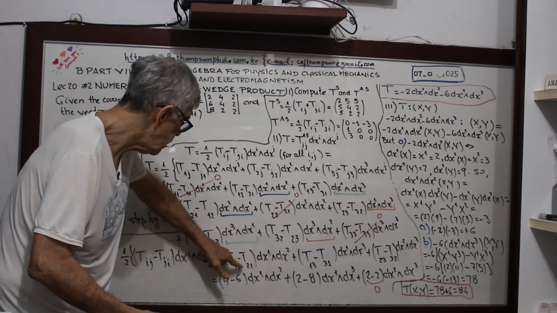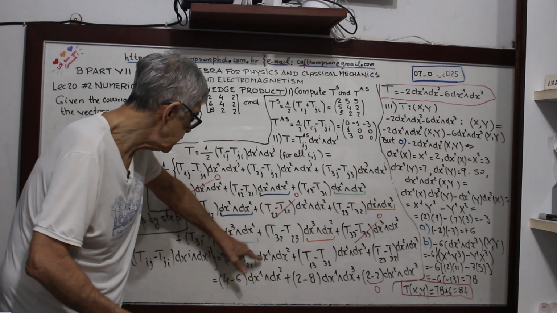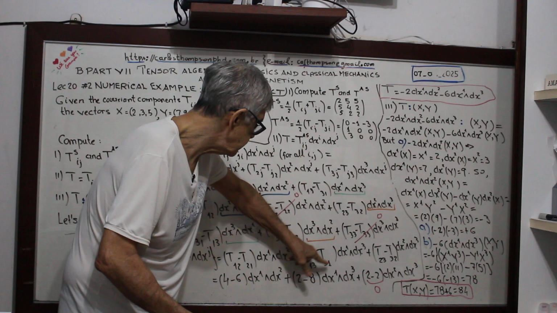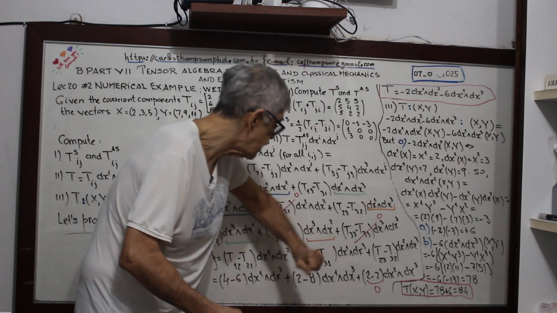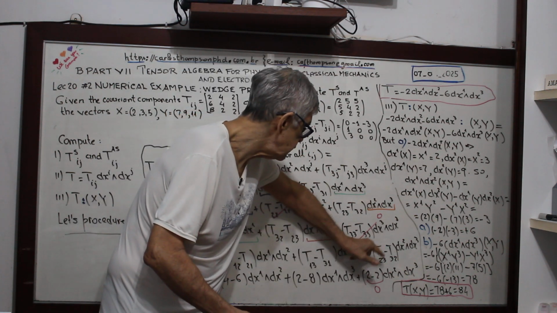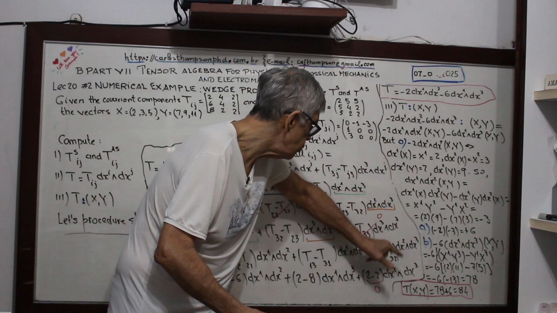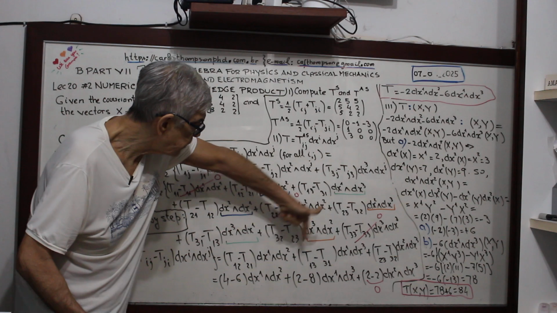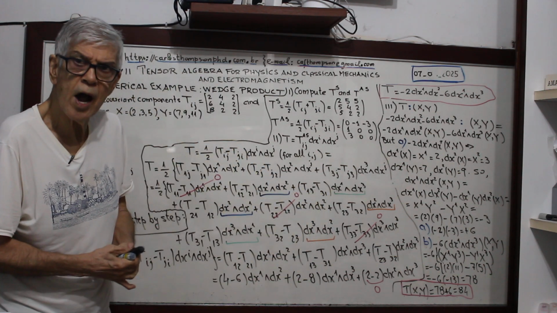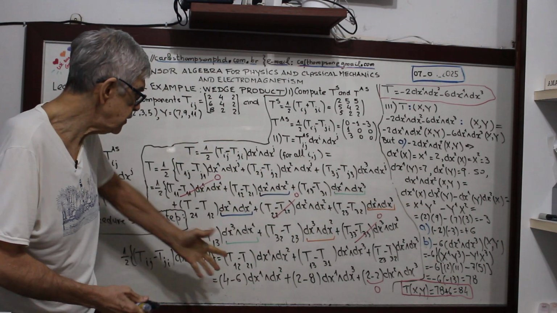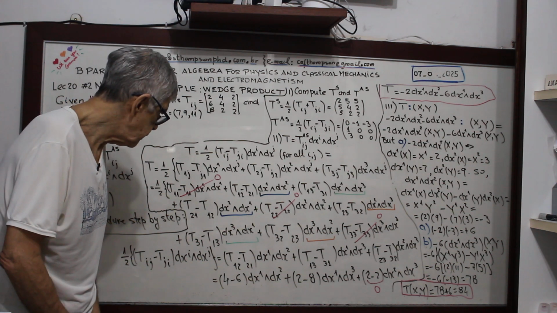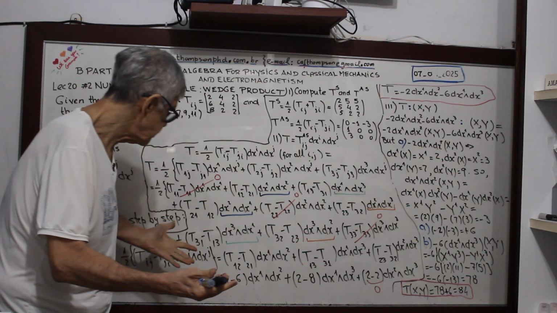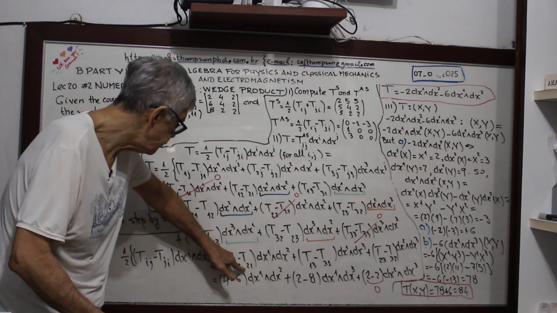So (T12 minus T21) dx1 dx2 plus (T13 minus T31) dx1 dx3 plus (T23 minus T32) dx2 dx3. You see, on this line it is only for i less than j, as I mentioned before. Now I substitute numbers. I have T12, T21.